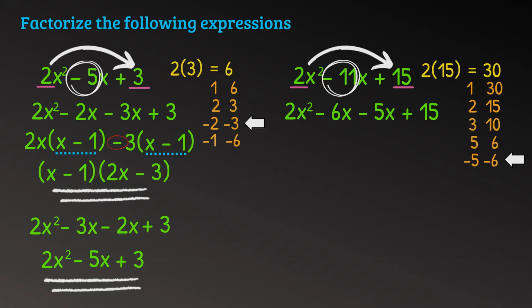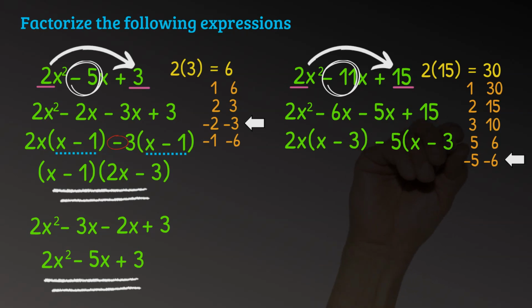Then, taking the greatest common factor from the first two terms, we have 2x, and then if we multiply 2x by x minus 3, we have 2x squared minus 6x, and then for the second two terms, we can take a 5 outside of the bracket and times that by x minus 3, and that would give us minus 5x plus 15 because of this double negative.